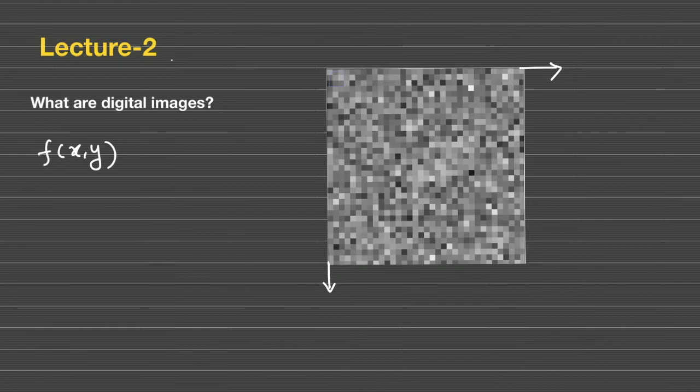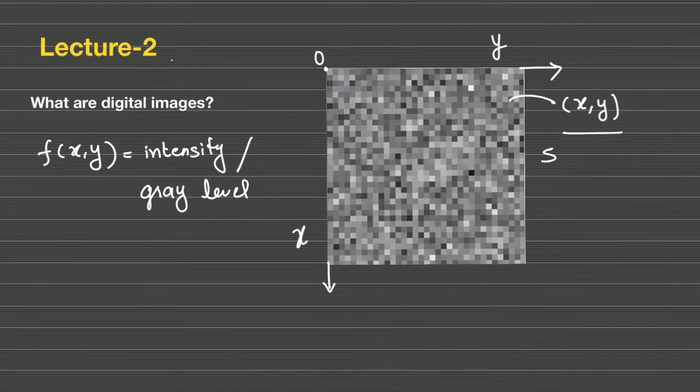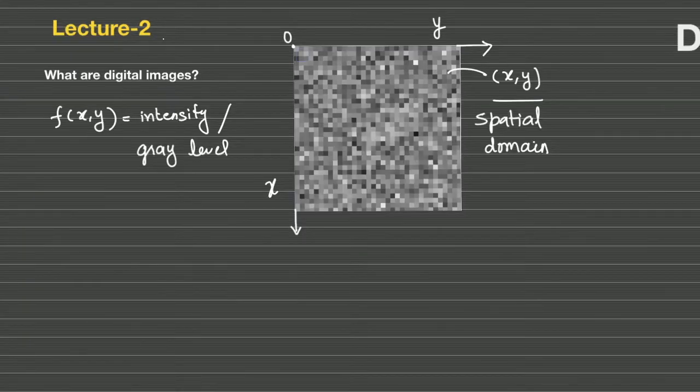For this digital image, every position is giving you coordinate x comma y, where x is along vertical and y is along horizontal, and the origin is at the left hand side topmost corner. f(x,y) is a function which represents intensity or gray level at a point, and x, y is in spatial domain. The smallest element in the digital image is called a pixel, which comes from the words picture element.